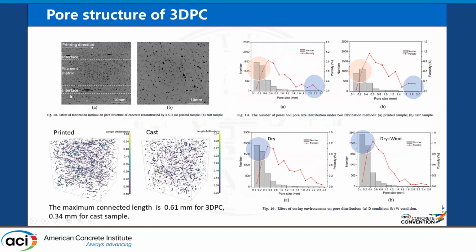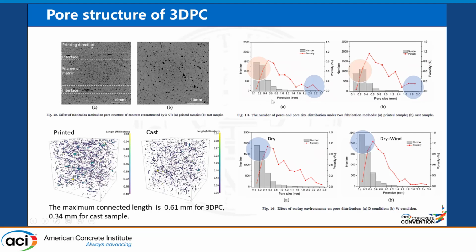For the printed concrete, we can see some connected pores at the interface. For cast concrete, of course, we can also see some air entrapped voids, but the distribution is quite different. We calculate the pore distribution at different pore sizes.